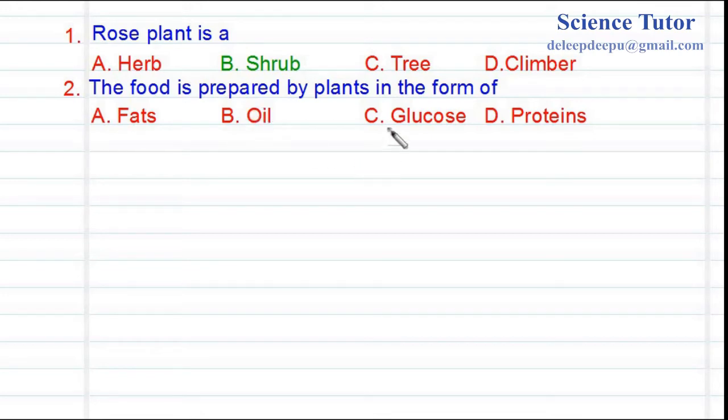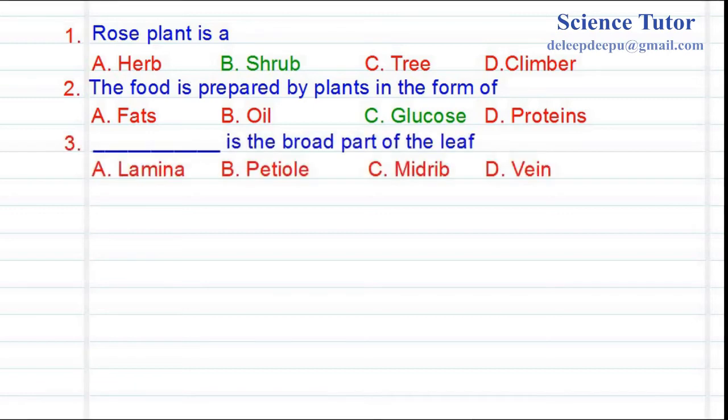For oil also we can eliminate. Next, this is the important one, the glucose, and then the protein. Food made through photosynthesis is in the form of glucose, and then it's converted to different parts, and they are finally stored as starch. So here the option is C, glucose.